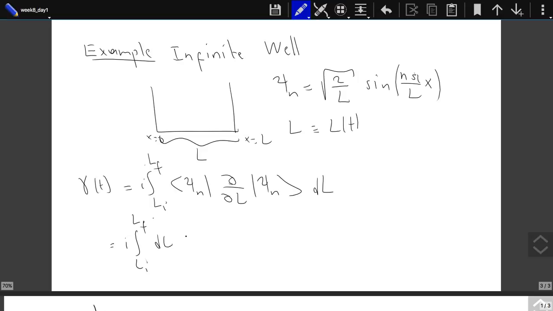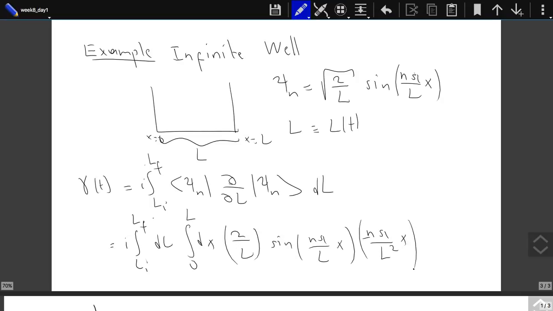Then this matrix element is nothing but an integral over x from 0 to L. We have 2 over L, this is the normalization, and sine n pi over L times x times the derivative of this thing with respect to L. If you take the derivative with respect to L, you get minus n pi over L squared x and cosine dx.